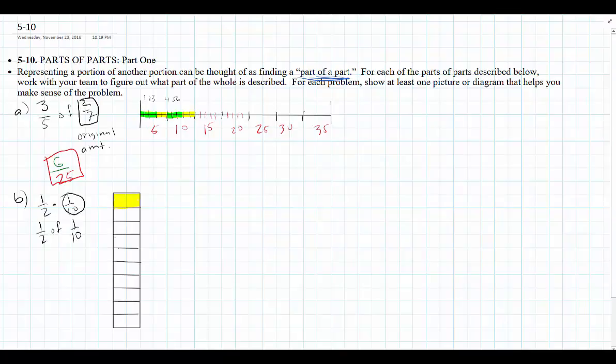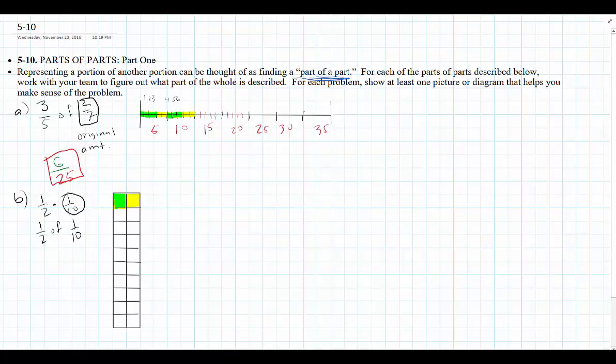So what I would do is just break this in half. So we could sort of imagine that this is cut in half right here, right down the middle. Okay, of the portion that we had of the original, remember the yellow is the original, only half of it. We only have half of it now. That's the portion we have.